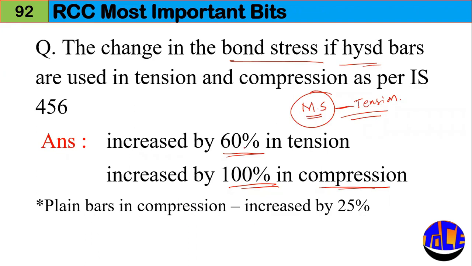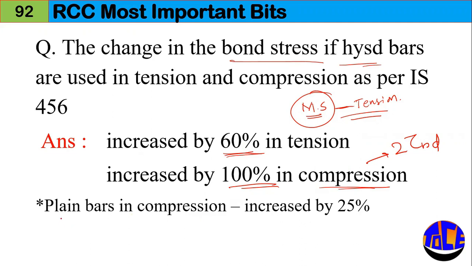So if HYSD bars are used, those are increased by 60% in tension, and increased by 100% in compression. That means it will be 2 times tau BD if HYSD bars are used in compression, that is 100 plus 100, it will be 200%, right? So it will be 2.